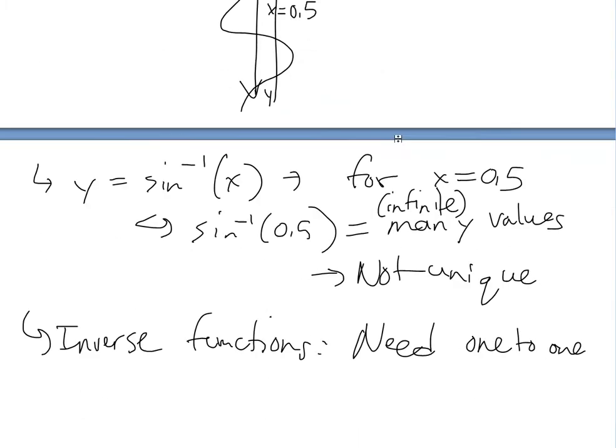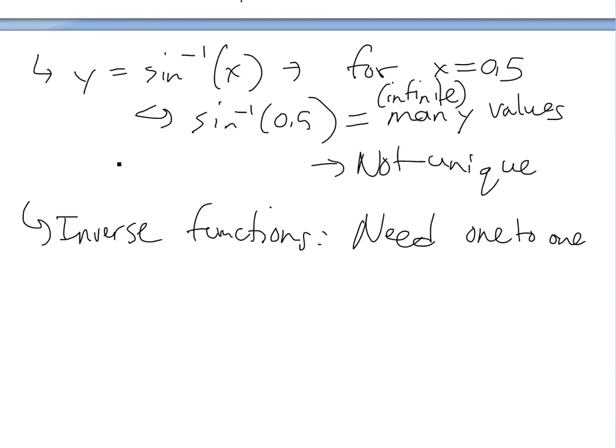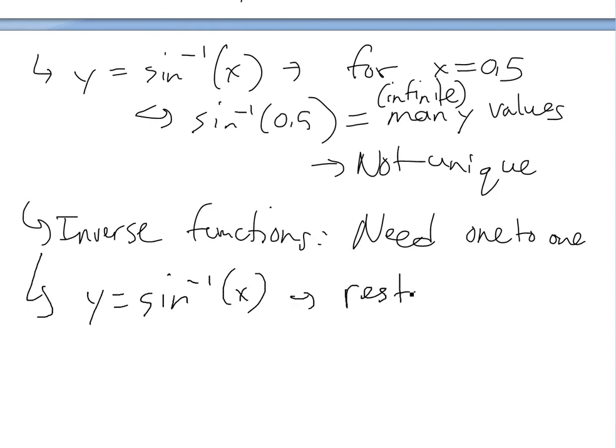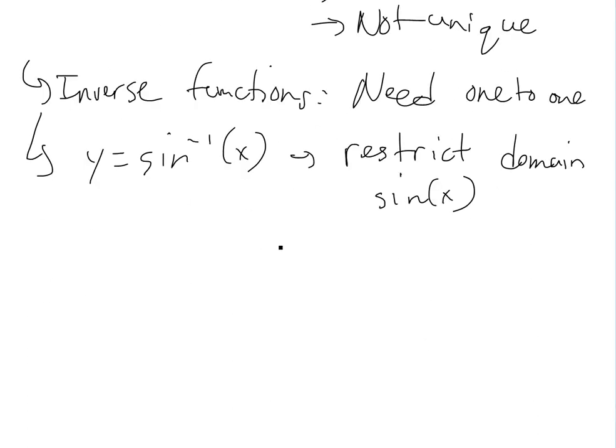I'll show you in my next video on sine what we could actually do for y equals sine x: we restrict the domain of sine x. Here's just a preview of my next video.